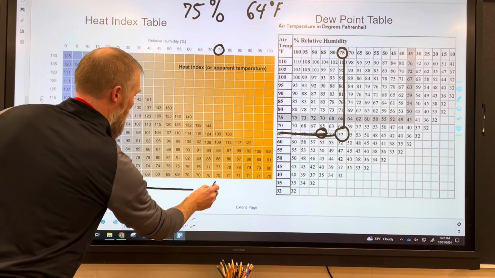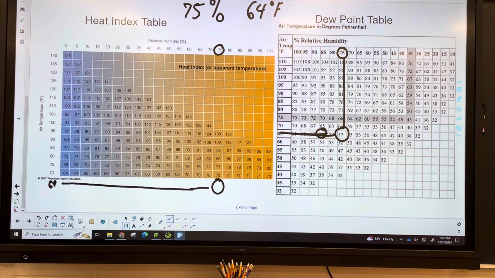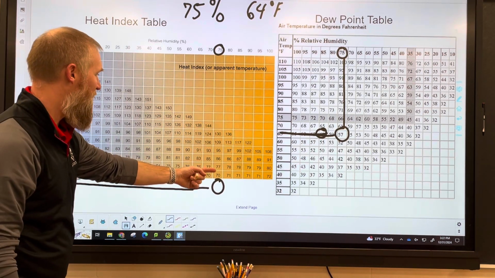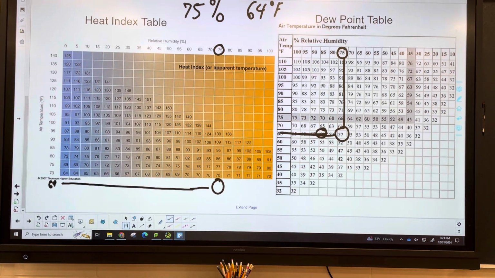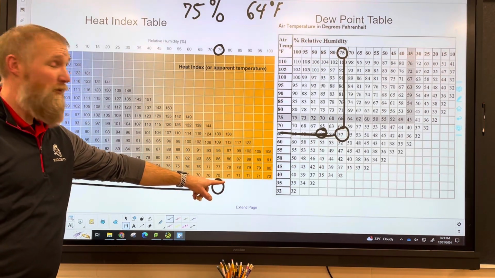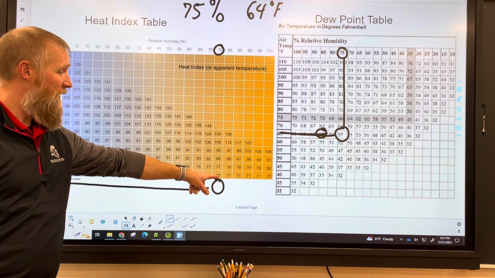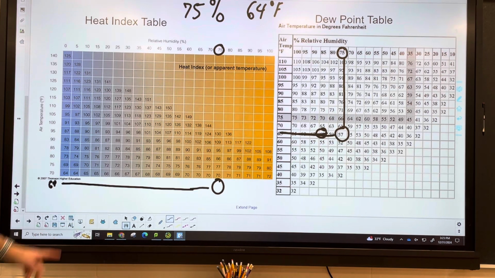If we had one, it would go like this. What a horrible example. It would be like this: 64, 5 degrees less. Every 5 degrees, it seems to go down almost 7. So it's not really going to feel too different. It feels like 64. Even though it's 75% humidity, it's actually going to be lower than this number right here. It could be 70, could be 68, very close to just feeling like 64 degrees.